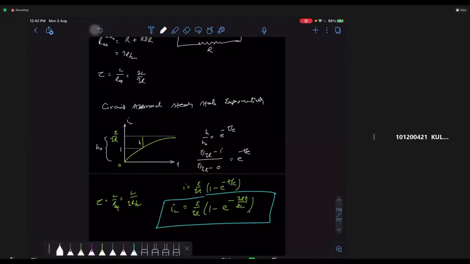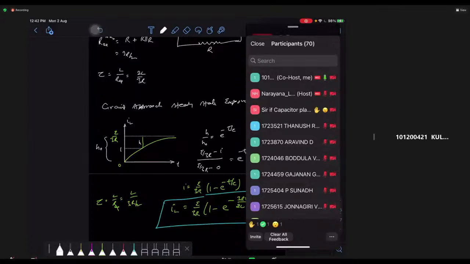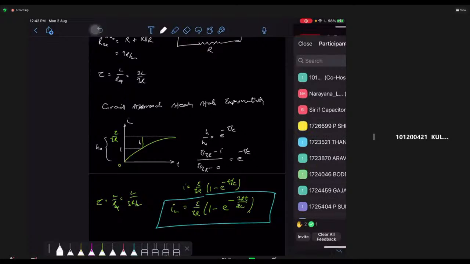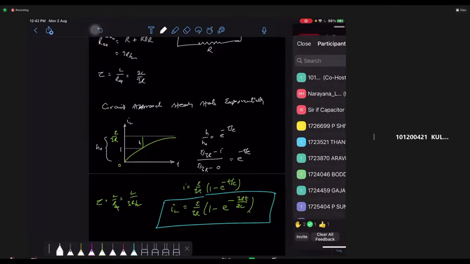So we can discuss the LC circuit in the next class, but in today's class, try to understand the LR circuit and relate it with the RC circuit. A lot of similarity is there. I hope you remember the RC circuit, and you can relate this LR circuit with it.